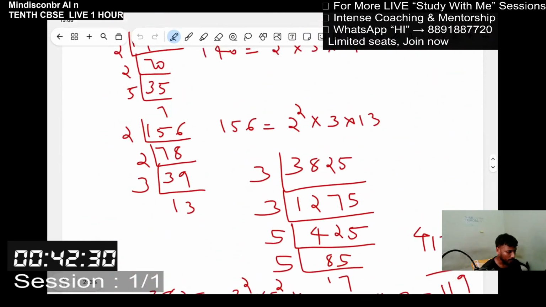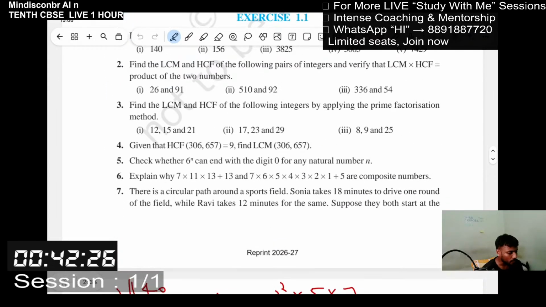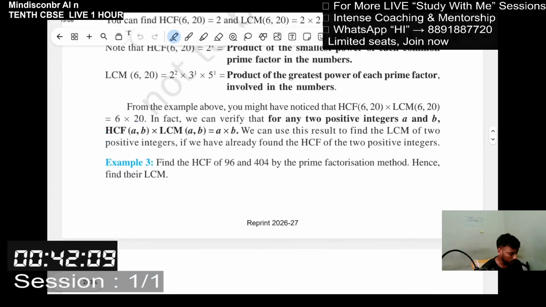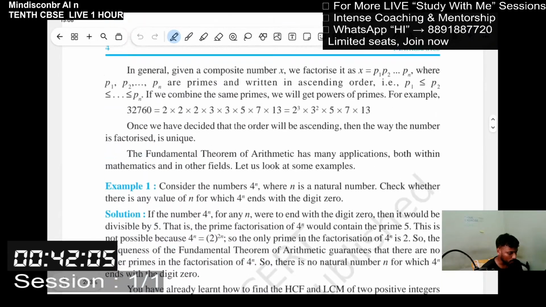Okay. Now let's move to the second question. Find the LCM and HCF of the following pairs of integers and verify that LCM into HCF is equal to product of two numbers. First one is 26 and 91. This is an important rule that is given in the textbook.